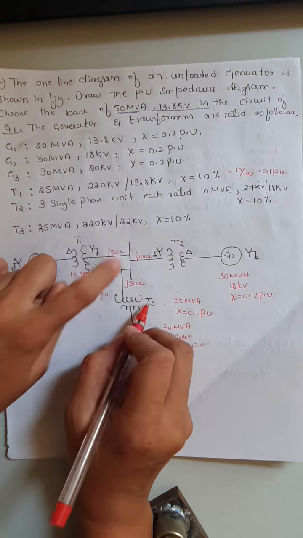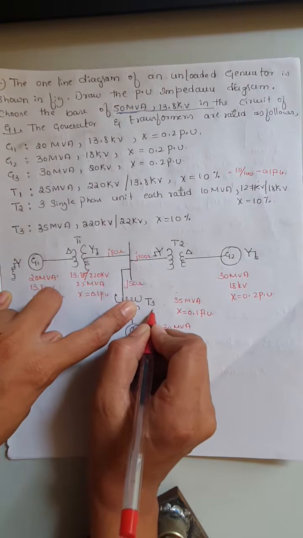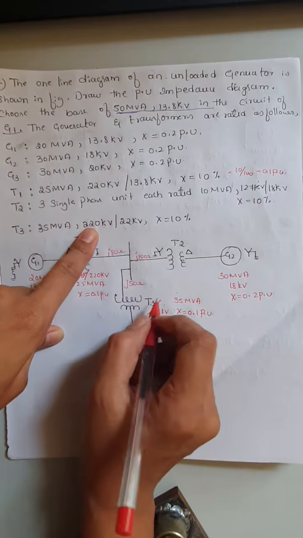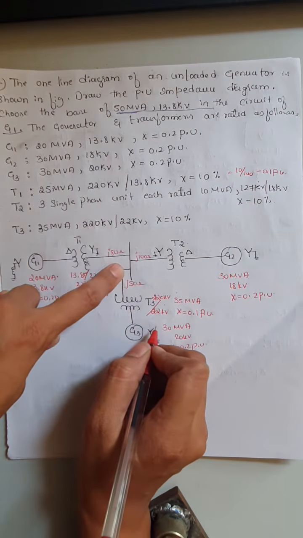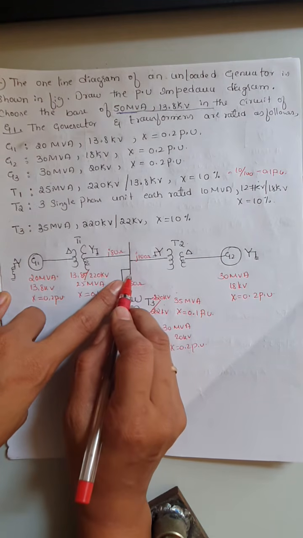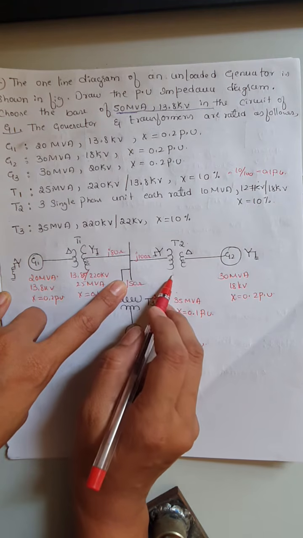So the primary side will be having a lower voltage here, 22 kilovolt slash secondary side will be having higher voltage. So always the higher voltage will be connected to the transmission lines. So here 220 is connected to transmission line, here 220 is connected to transmission line. Similarly for this also higher voltage will be connected.